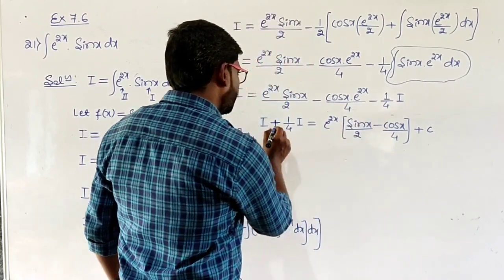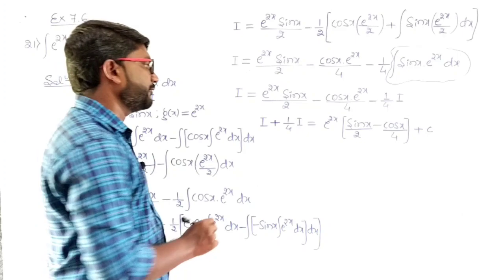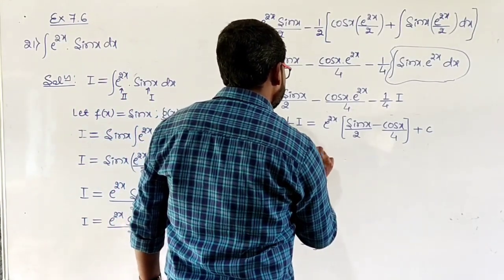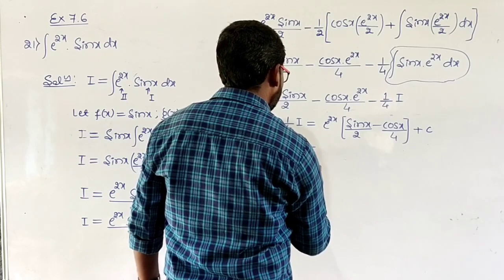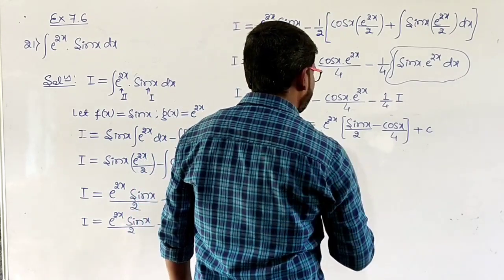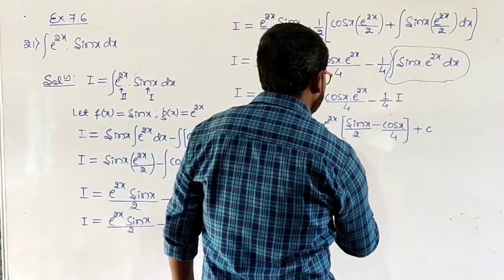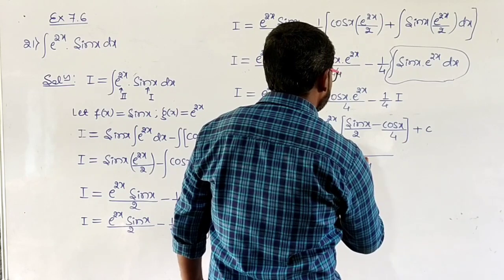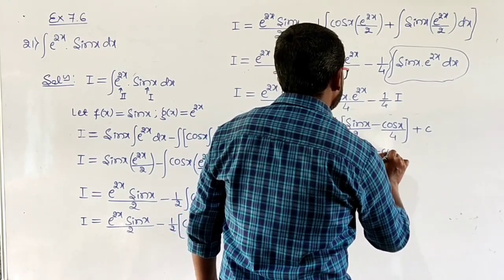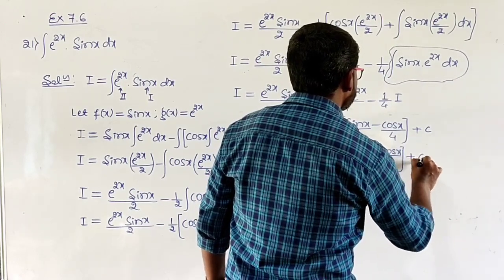Now see here, take up the LCM. 4 will be multiplied with I, we get 4I, plus I will be 5I, which is equal to 5I divided by 4, which is equal to, so e power 2x, and then take up the LCM now. LCM is going to be 4, so we get 2 sin x minus cos x, close the bracket, plus c.